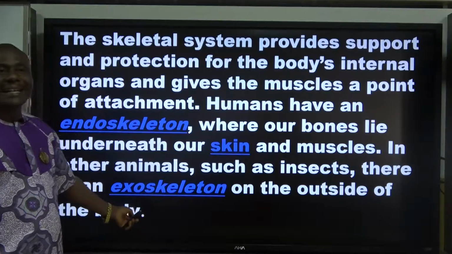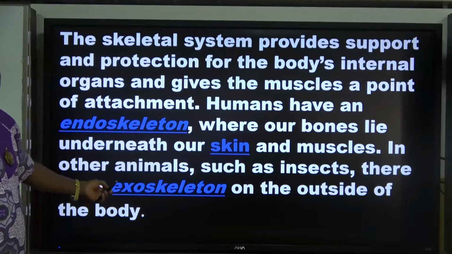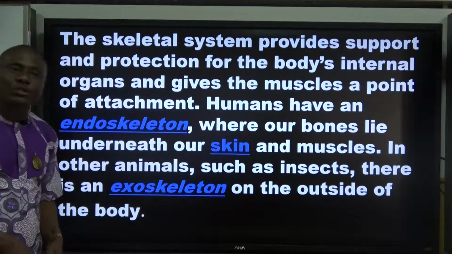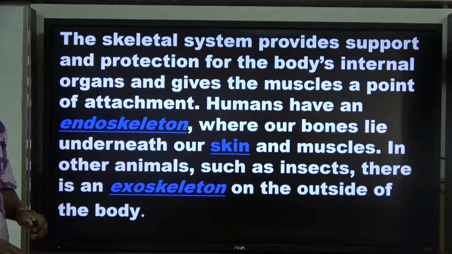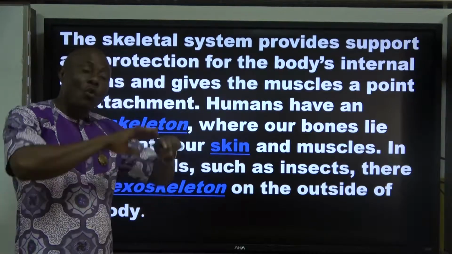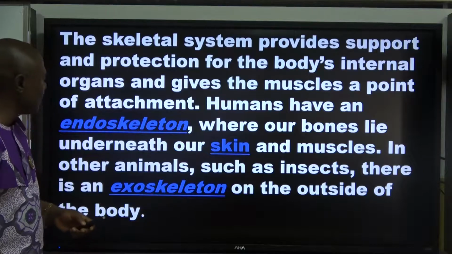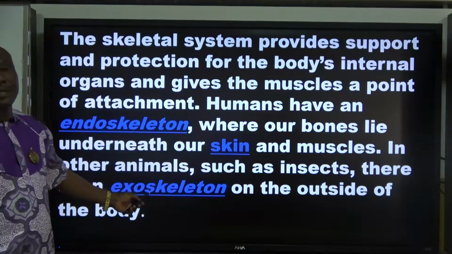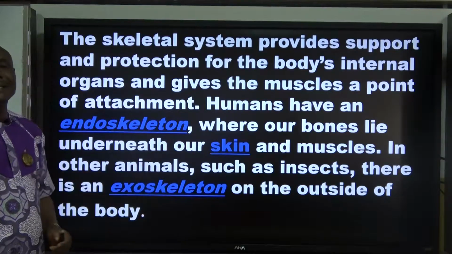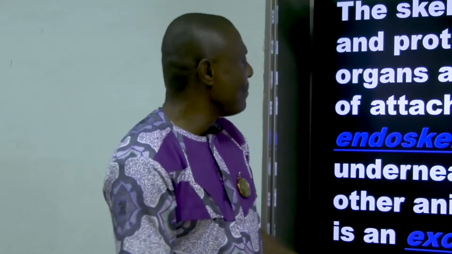It is not like the internal skeleton that provides protection for only the internal tissues or organs of the body. The exoskeleton provides total protection for the whole body of the organism. The external skeleton is made up of chitin and is found mainly in insects, while the internal skeleton is made up of bones and is found in mammals.